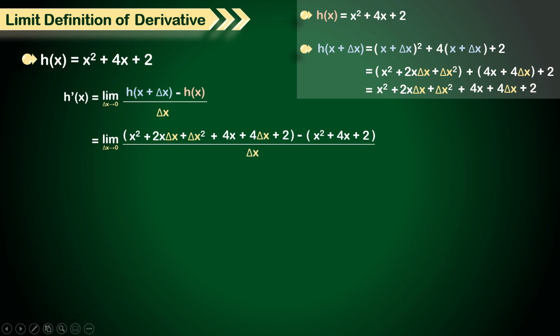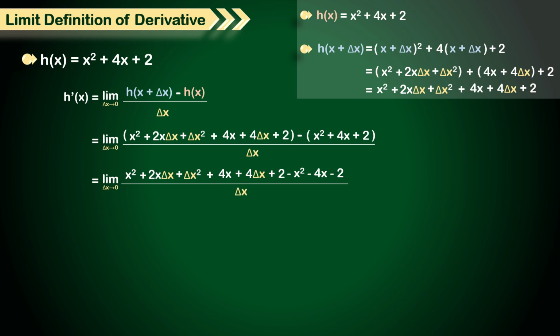Remove grouping symbols. It is equal to the limit of x squared plus 2x delta x plus delta x squared plus 4x plus 4 delta x plus 2 minus x squared minus 4x and minus 2 all over delta x as delta x approaches 0.